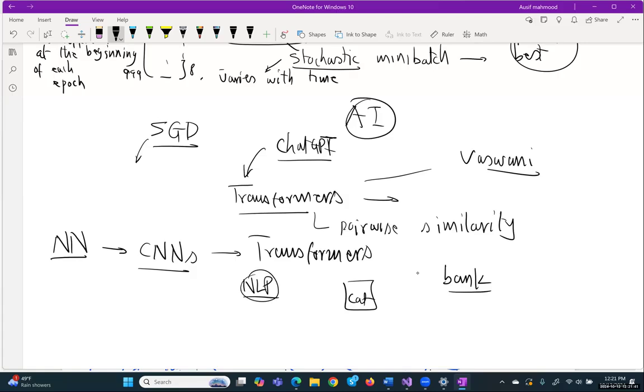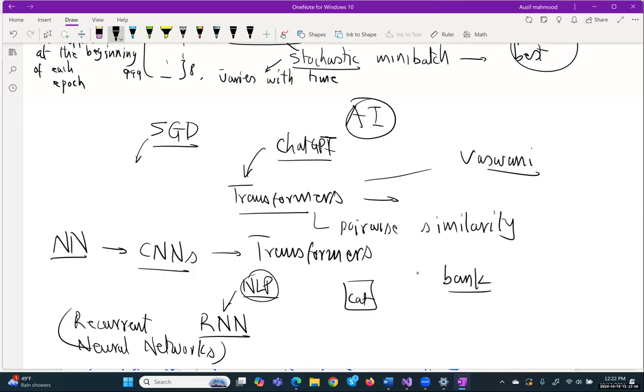So before transformers came, there was another type of network that we created, and I'll briefly talk about it in this course, hopefully. It's called recurrent neural networks. Okay, and we tried to use it on NLP.